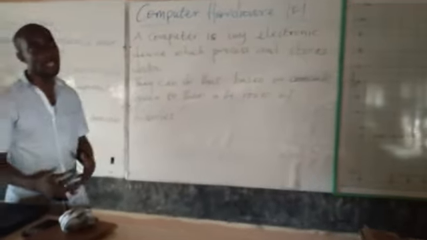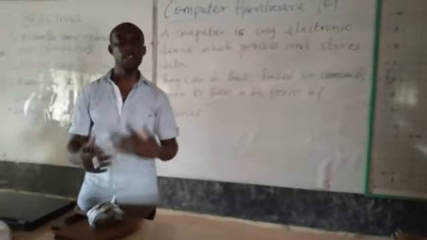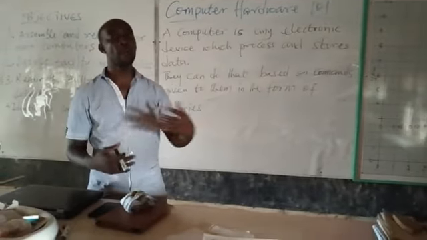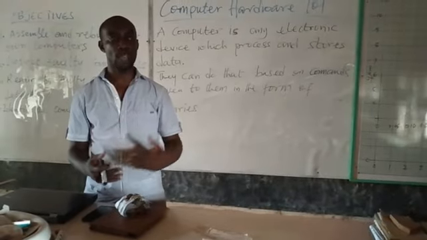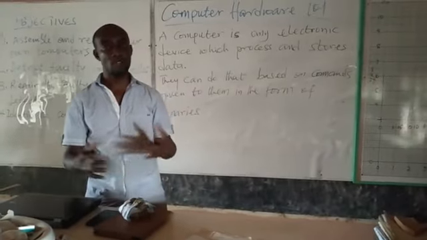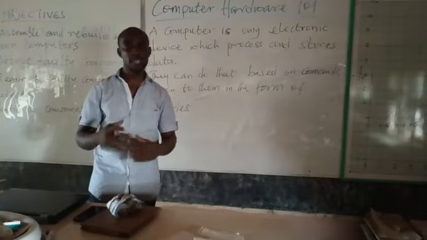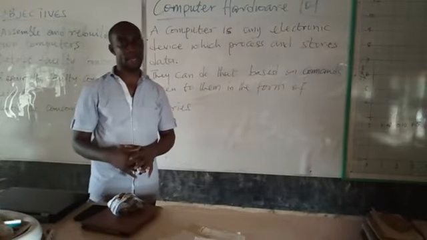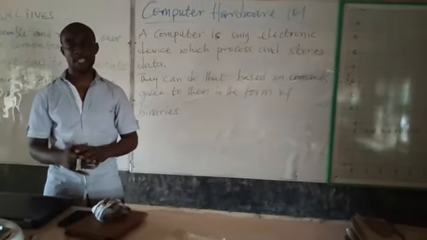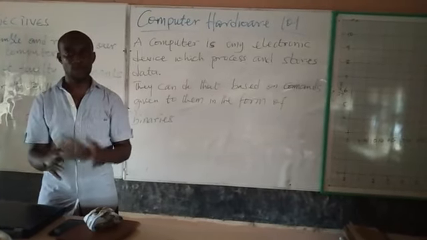Even though computers can act like human beings, they are not human beings, and therefore we need to give them commands, programs. Those of you that will further it to programming will understand binaries better. You need to give them codes for them to work. So a computer, according to this definition, is not just the system unit that we know.